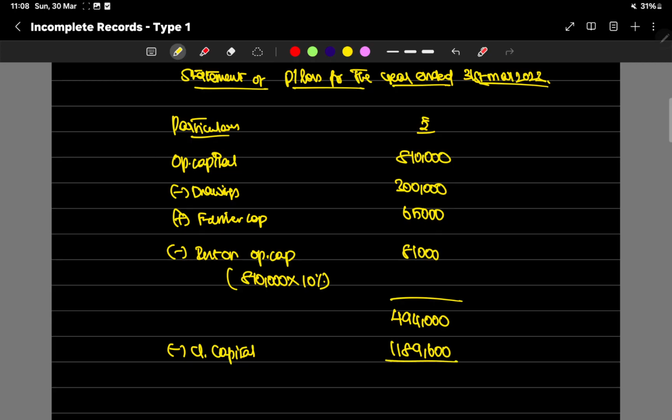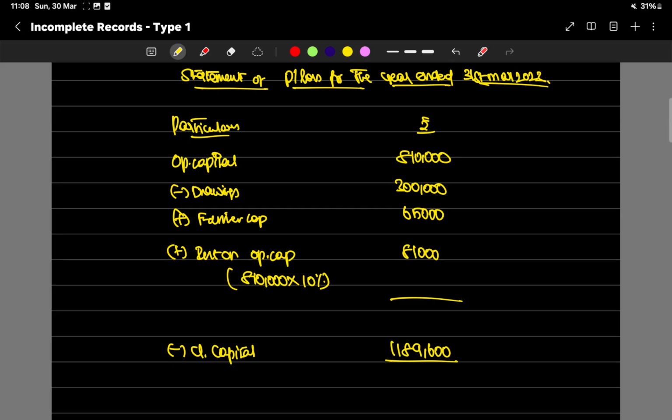Because interest on capital should not be deducted, it should be added back. Okay, because the interest generated on the capital has to be retained in the business itself. They have not said that they are withdrawing the capital interest or anything, so we can accumulate the interest to the opening capital itself.